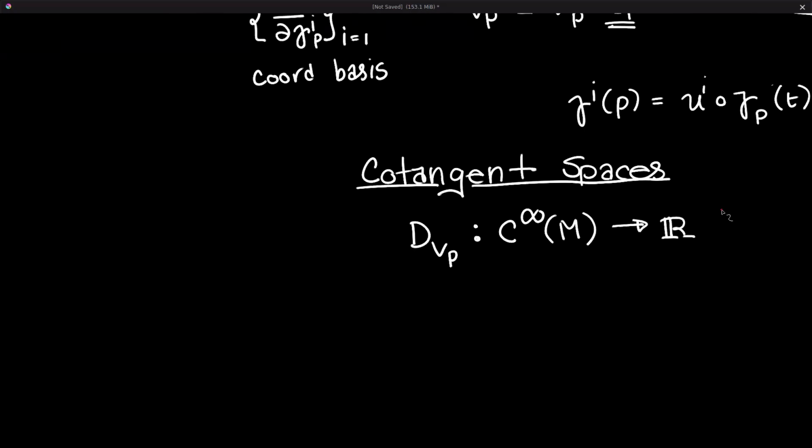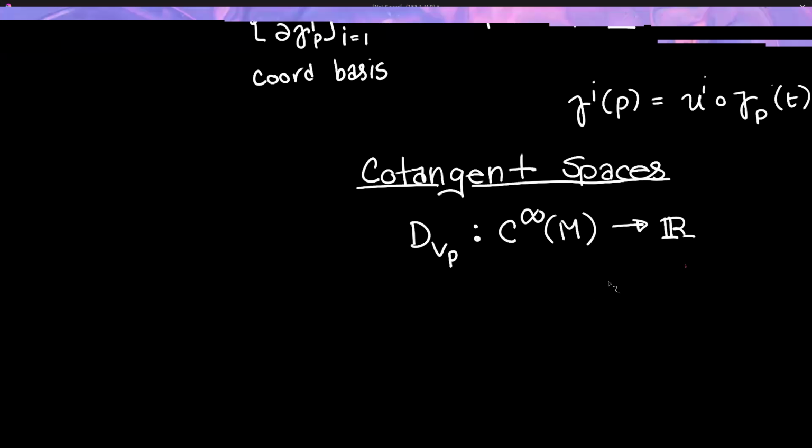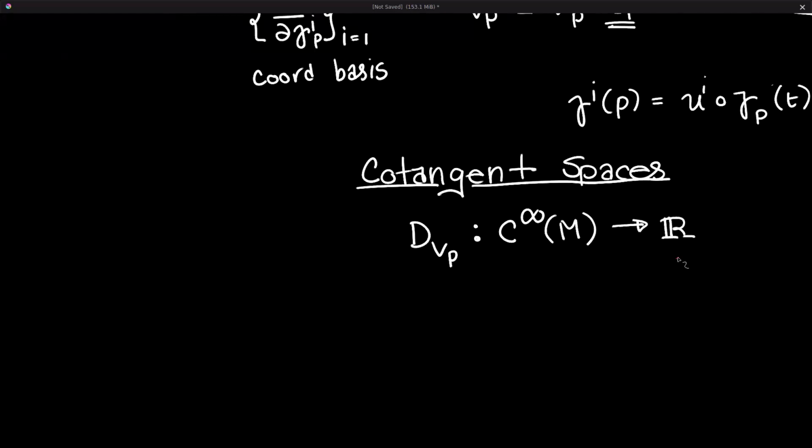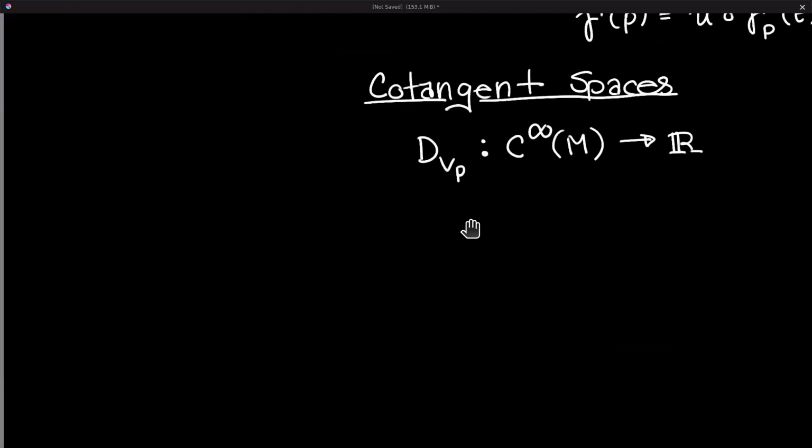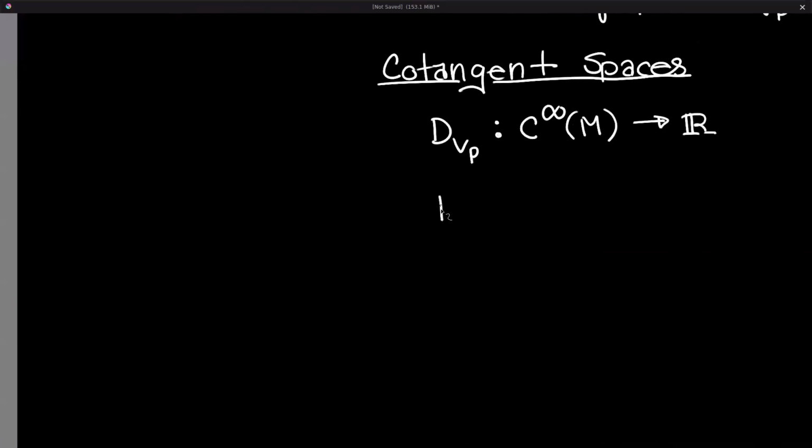So C infinity on M is functions that are smooth on the manifold. This space wouldn't even make any sense until we defined all of the things that we did last time so that we had smooth functions on the manifold. But it takes a smooth function on the manifold and it outputs a real number. Okay, so how does it output a real number?